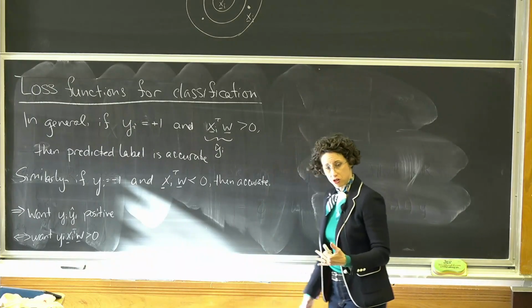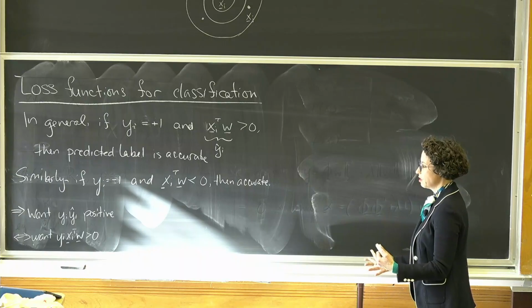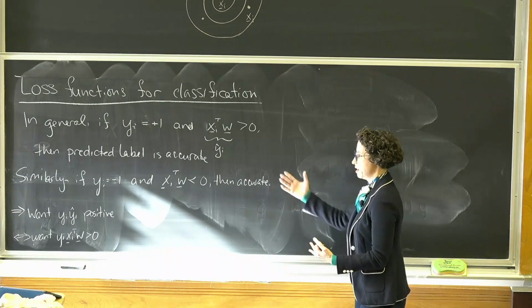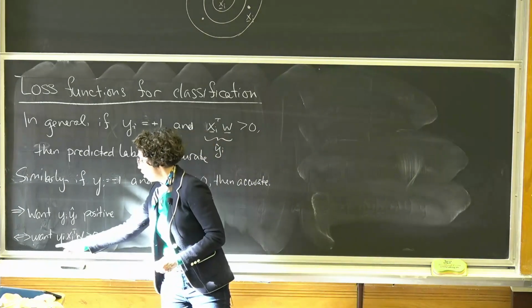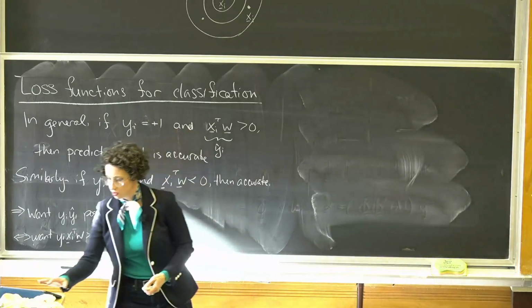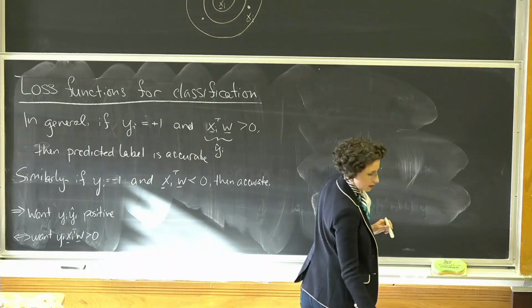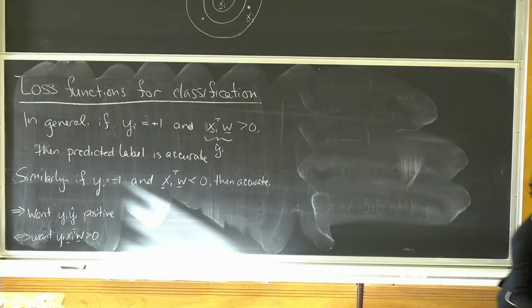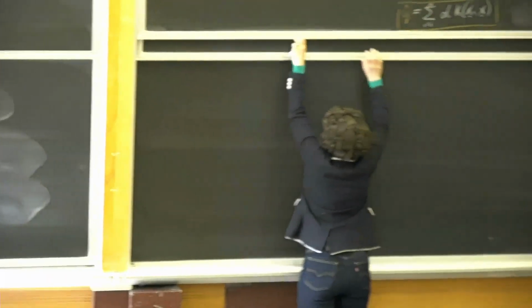And so what loss functions are doing is they are ideally going to tell us something about whether we have made an accurate prediction. And so they are going to depend on this product, yi times xi transpose w. And so I'm actually going to come over here because I want to put everything on one board together.